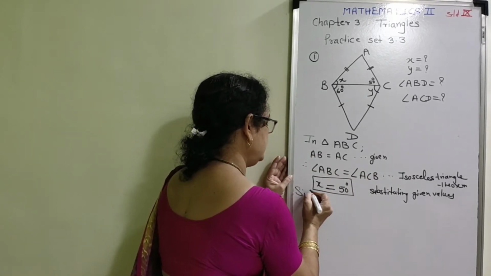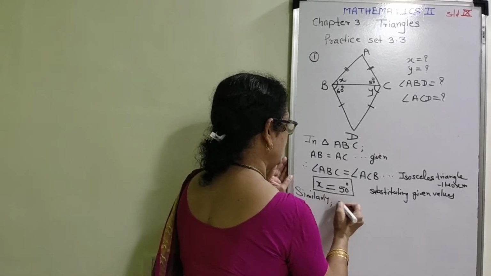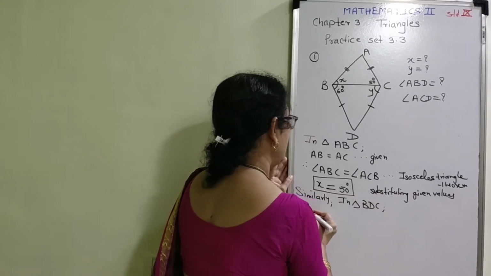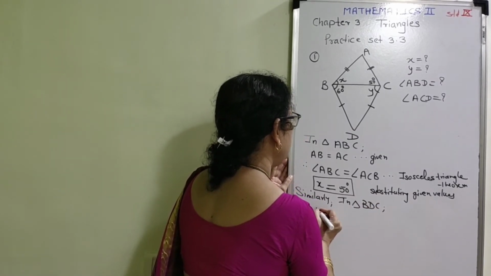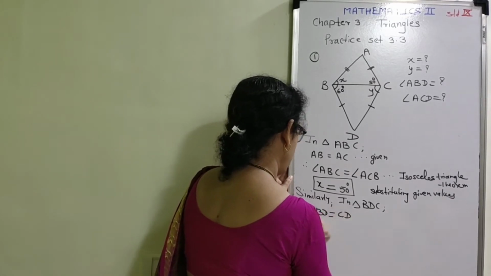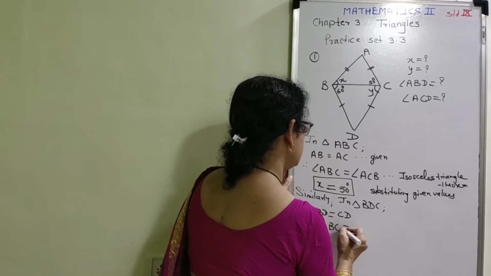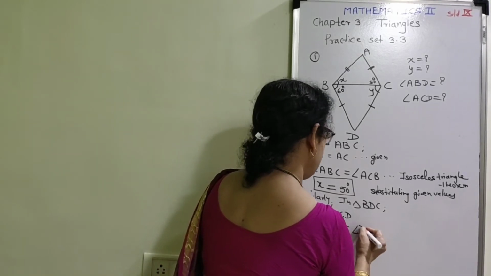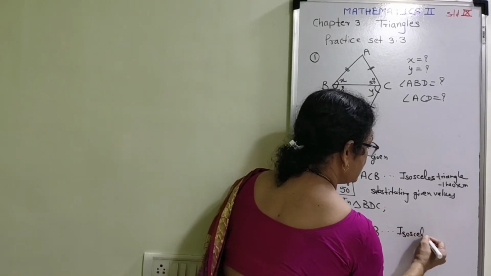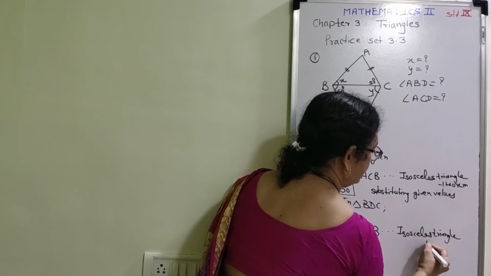Similarly, in triangle BDC, BD is equal to CD, therefore angle DBC is equal to angle DCB, again by the isosceles triangle theorem.